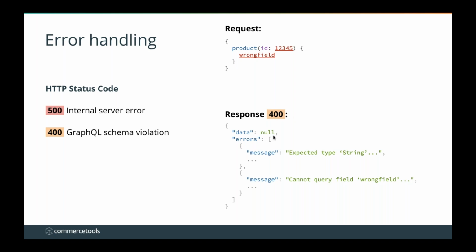It's going to tell us that data is null because it couldn't process it. And then it's going to have an errors object that will contain several error messages, one saying that a string was expected but it was a number, and another one saying that the wrong field doesn't exist. So this is the way you're going to receive this information.